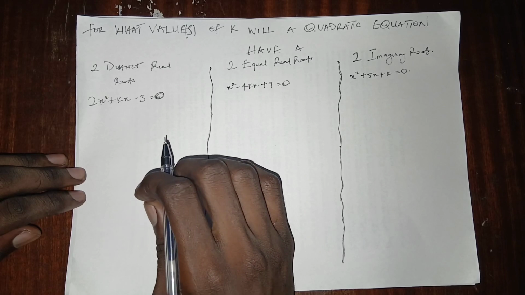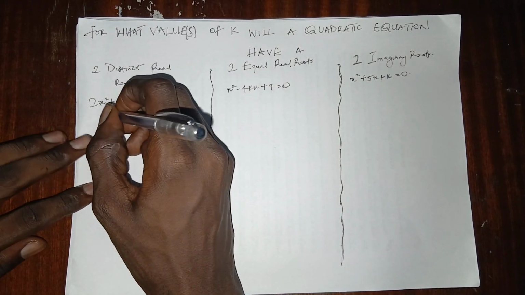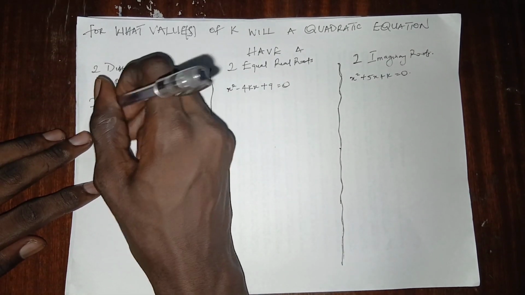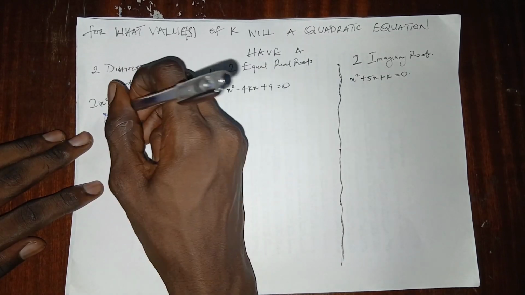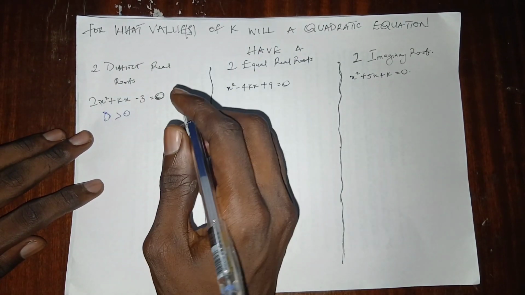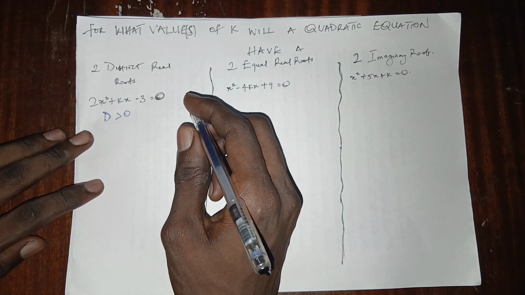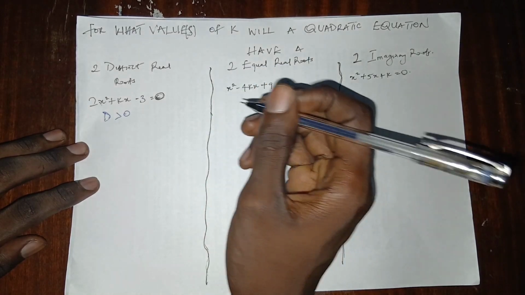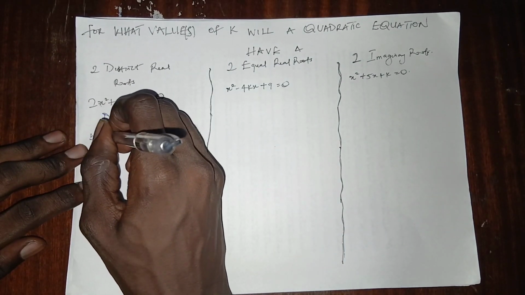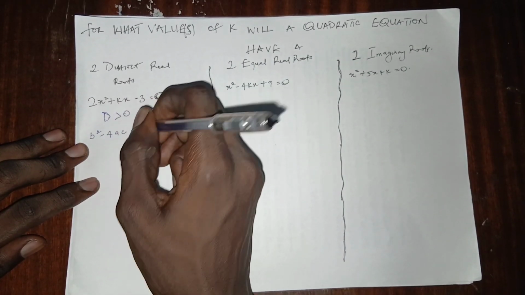When we have two distinct roots, that means D has to be greater than 0, right? And we know D to be b squared minus 4ac.